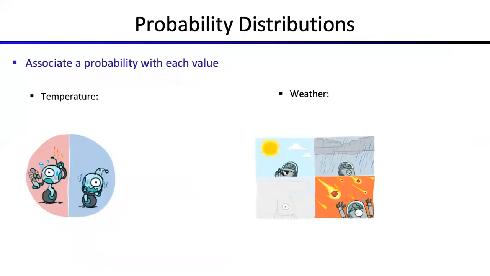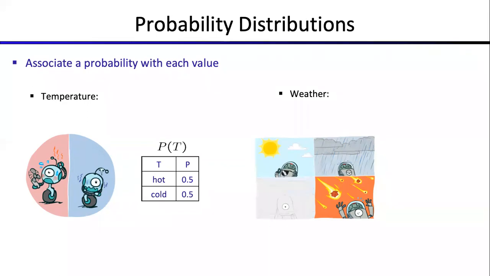So we'll choose, let's say, two random variables here, temperature and weather. And Ali has rightly said that probability distribution could be the probabilistic value associated with each. For example, the temperature could be hot or cold. And the probability associated with that could be 0.5.